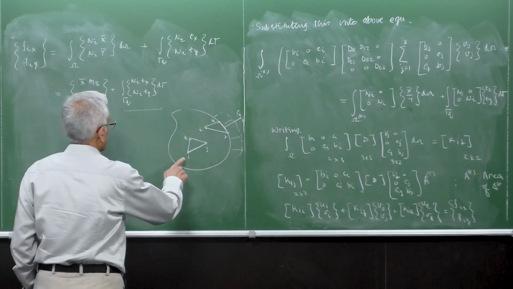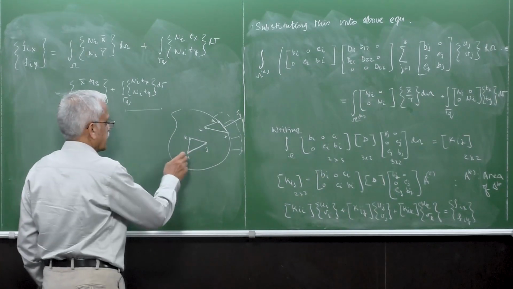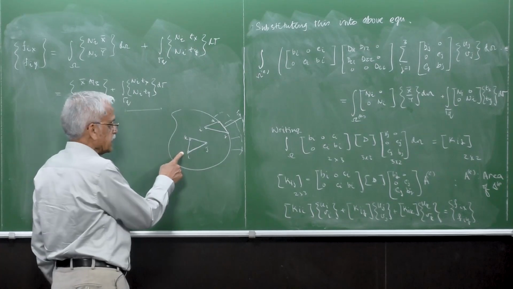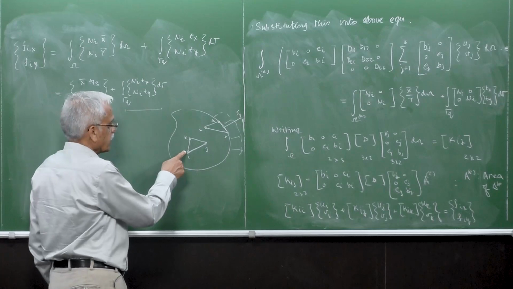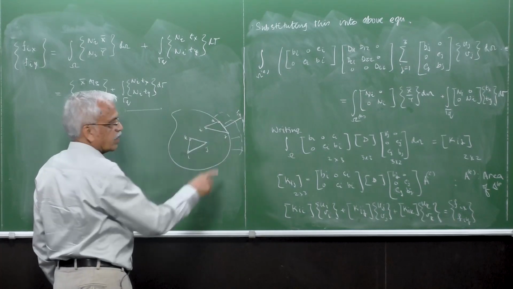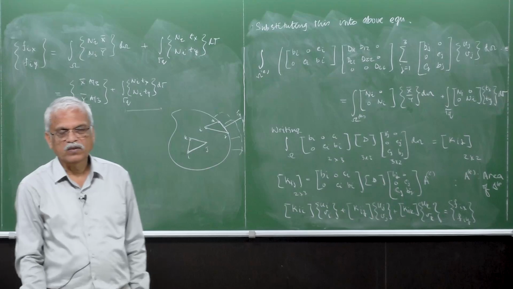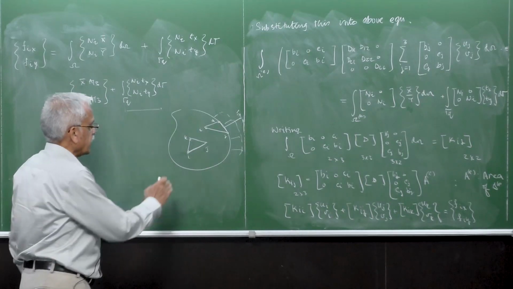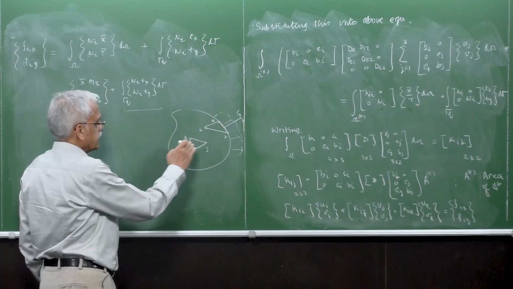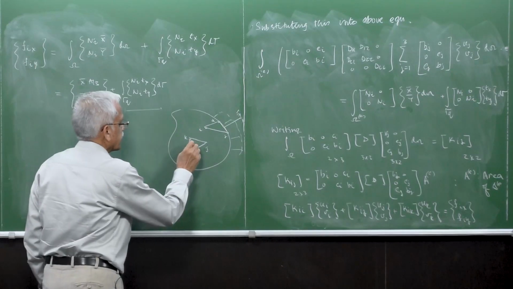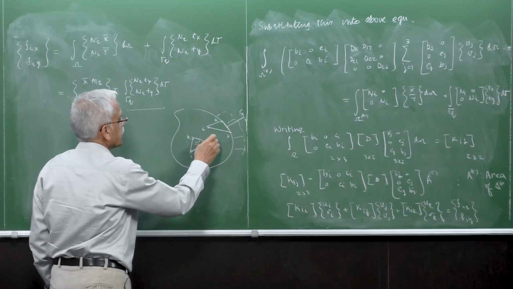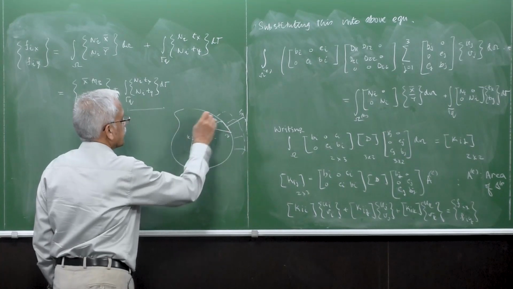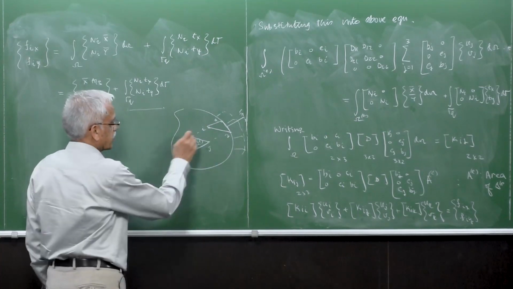So we know that whenever the element is very much interior or inside, then the shape functions corresponding to these nodes on gamma q will be 0, because the Ni here will be non-zero just over this element, and by the time it comes here, it is 0 everywhere else.